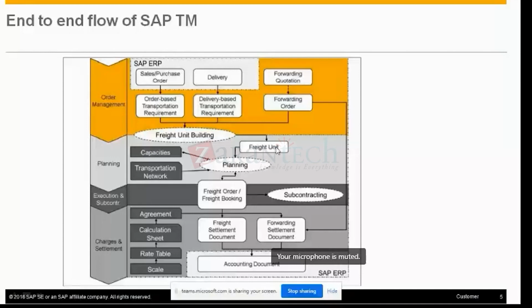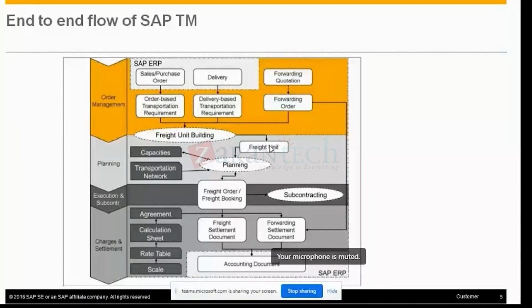So whenever we see that a freight unit is not created, that calls for an investigation as part of the AMS or whatever project you're working on. Because as I told you, it answers three questions, right? What you want to transport: whatever product is there in your freight unit, that product information needs to be captured there. Where you want to transport: I need to have my source location as well as a destination location in my transport management system in the freight unit.